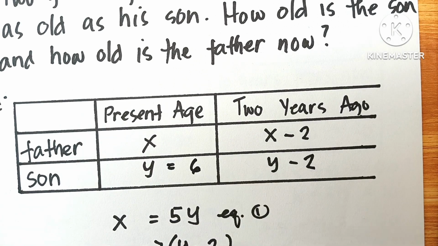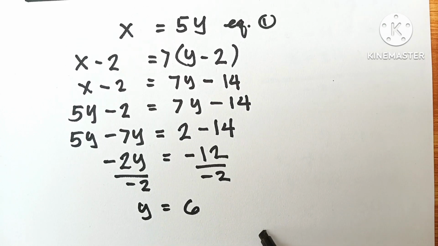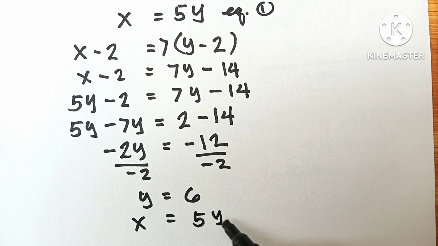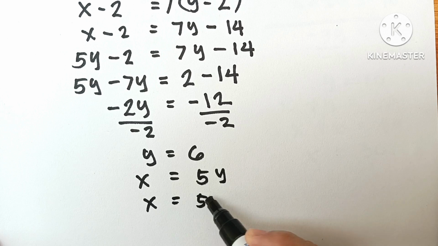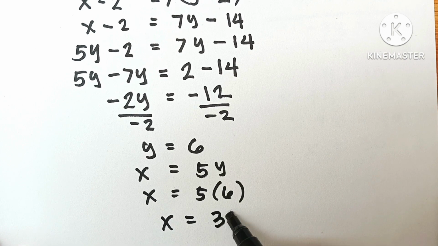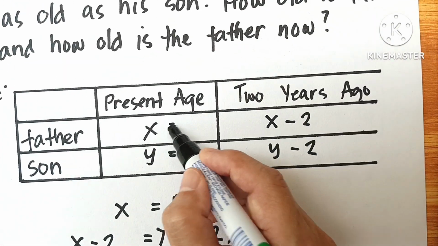Okay. Now to get the age of the father by using equation 1. So since x is equal to 5y, x is equal to 5 times 6, or x is equal to 30. Okay. So again, let us check our solutions.